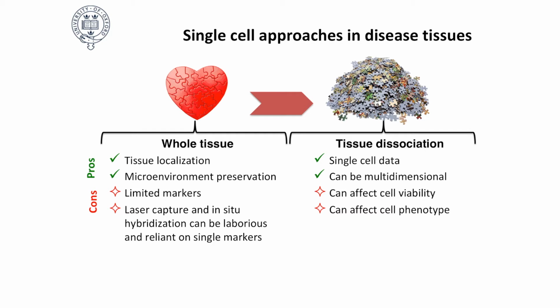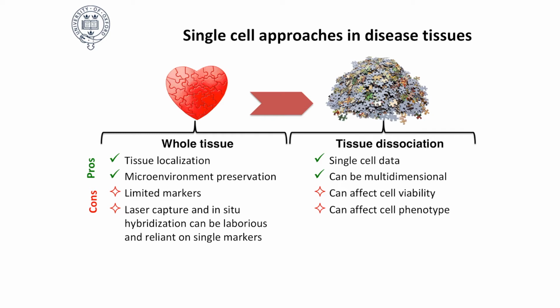Analysis of whole tissue has important advantages. One is the tissue localization, the other is the preservation of the microenvironment in which the cells are. But you can incur limitations: limited markers, and also laser capture and in situ hybridization can be laborious and again is reliant on single markers.